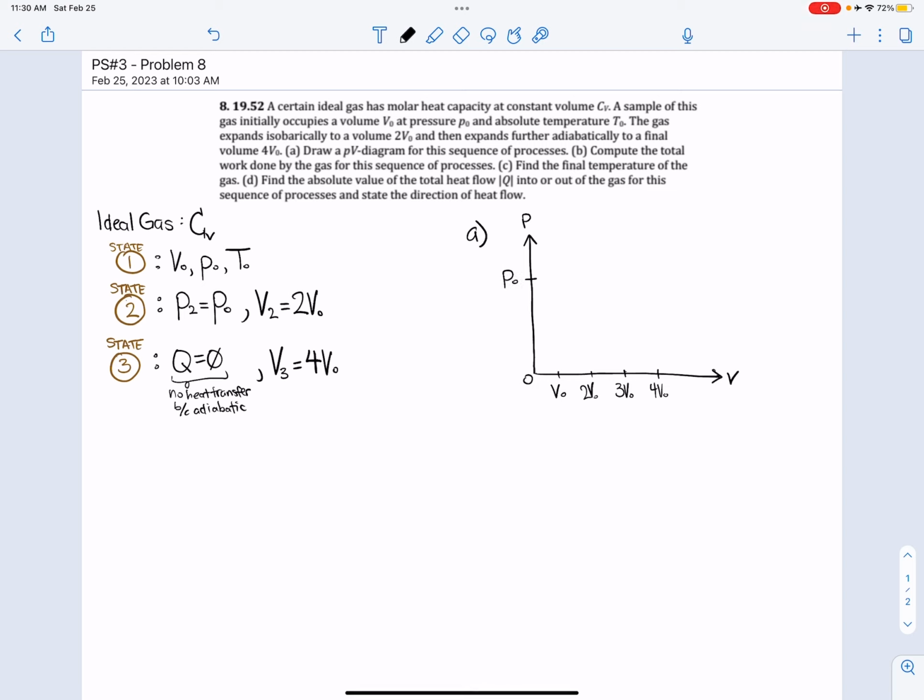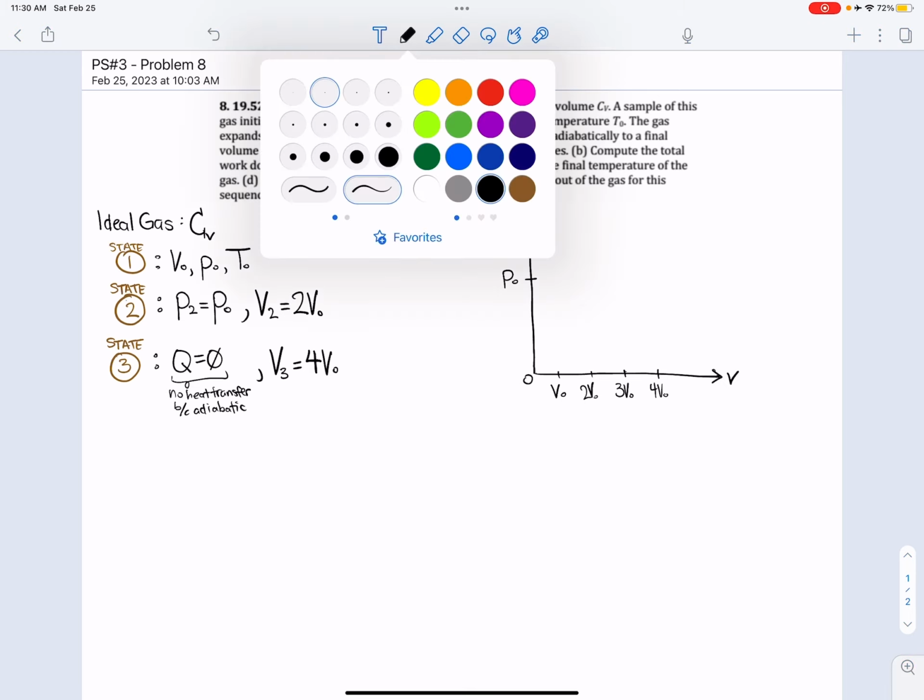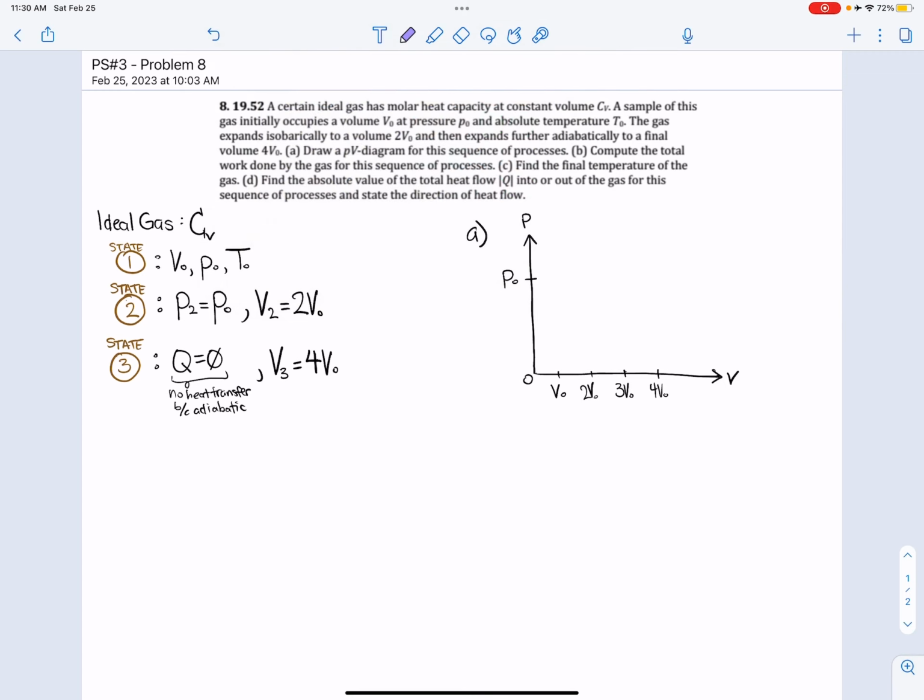P0. So for state 1, I'm at V naught, P naught. So going up and here. So state 1, I'm right here at P naught, V naught. That's my state 1.